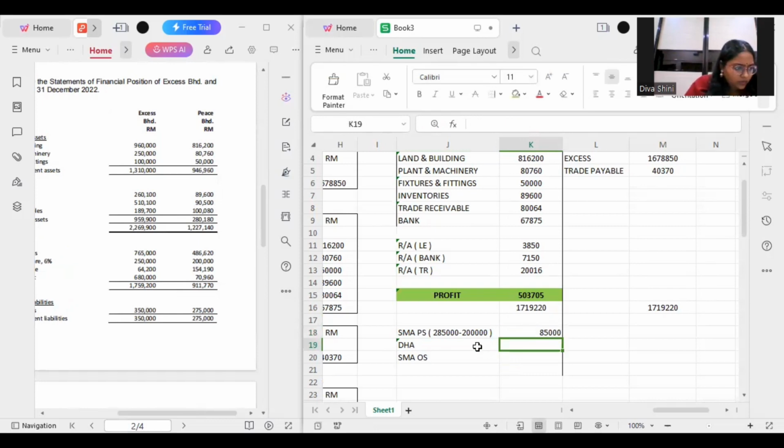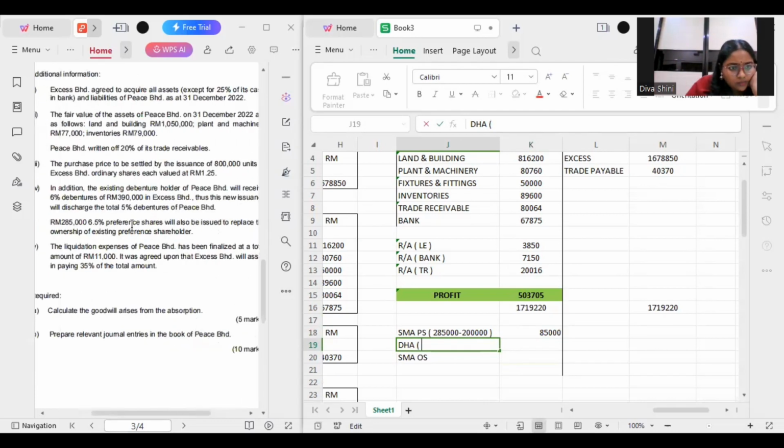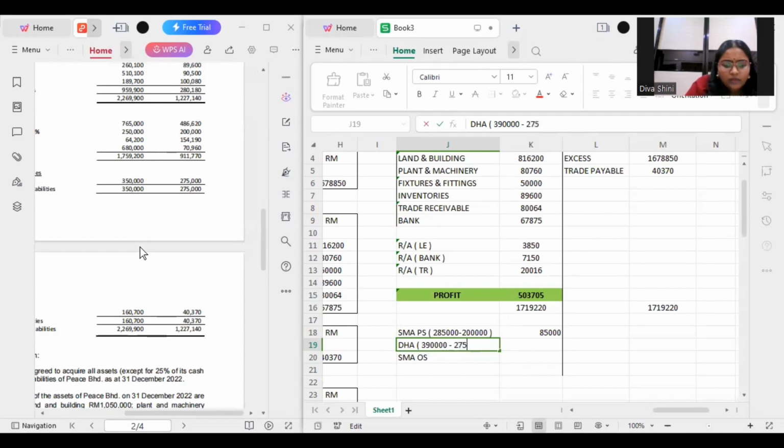Okay, 8,500, and then DHA is also the same, new minus old. The debenture new is 390. The old is 275.